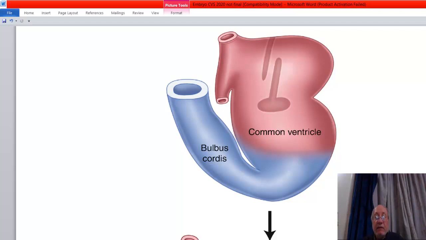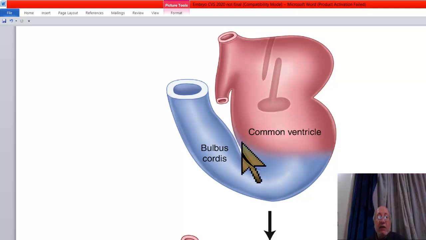Development of the ventricles. Development of the ventricles starts by formation of a common bulboventricular chamber. Earlier in the development, we explained before that the bulbus cordis lies on the right side, and on its left side is the common primitive ventricle, with a deep sulcus in between.